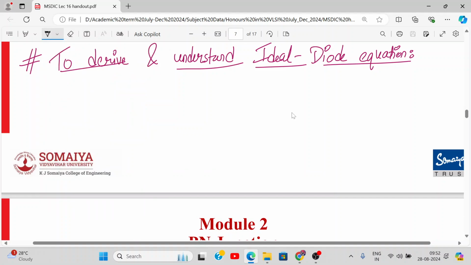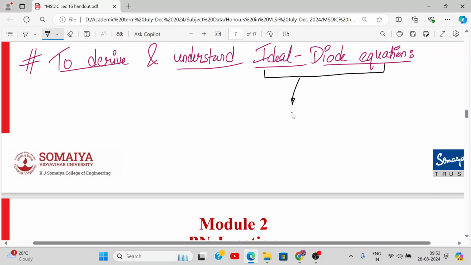So what is the ideal diode equation? Anyone? It will tell you what the IV characteristics of the PN junction is, so that we will know how much current flows for a given amount of voltage through the diode.